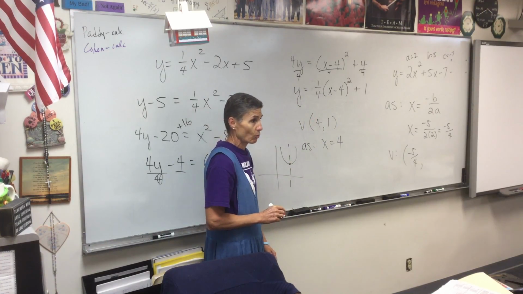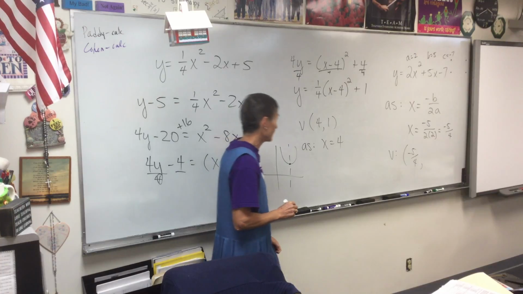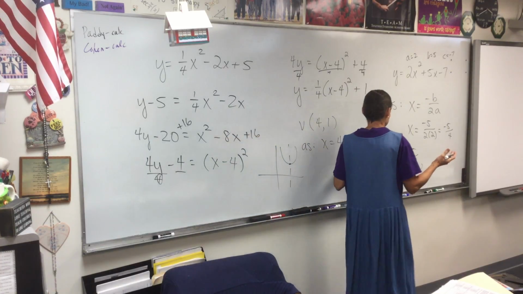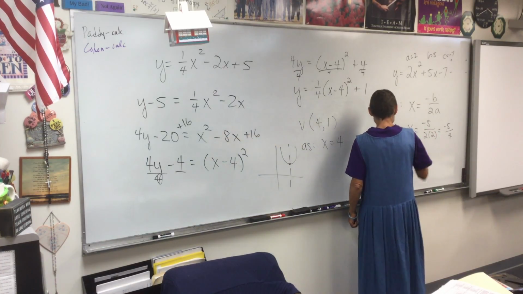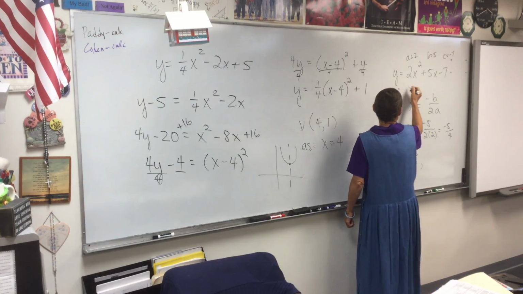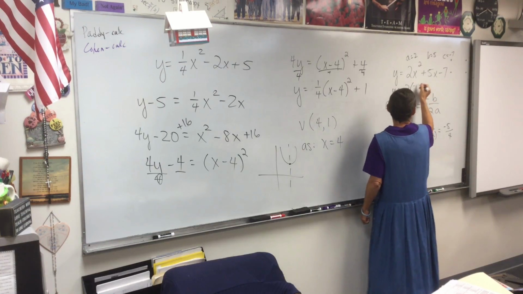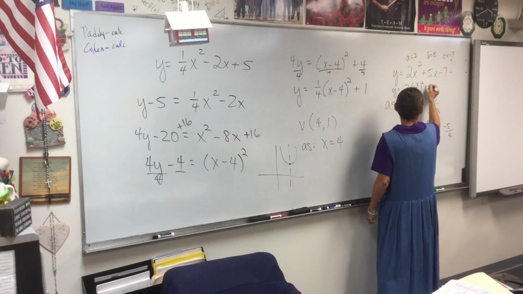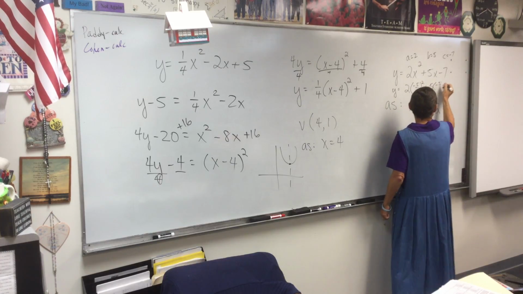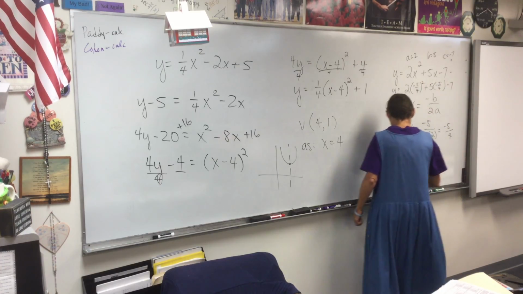And how will we find our y coordinate? Plug it in. So here are the fractions again. They're just part of it. So we plug it in, and we'll have 2 times negative 5/4 squared plus 5 times negative 5/4 minus 7.